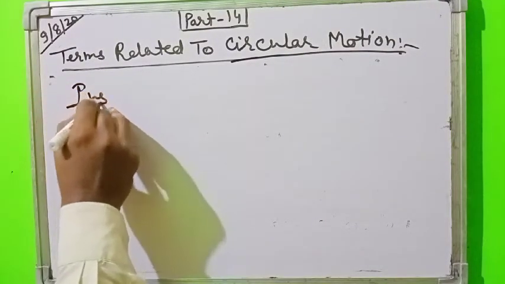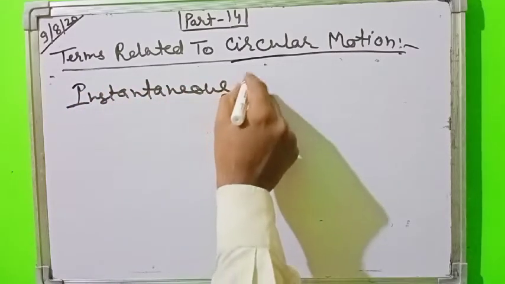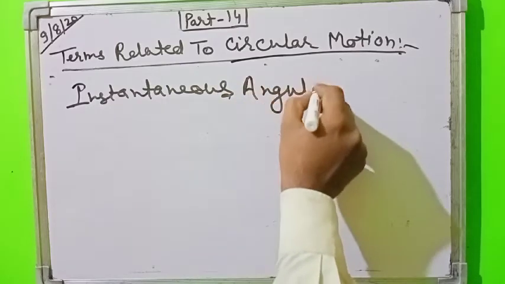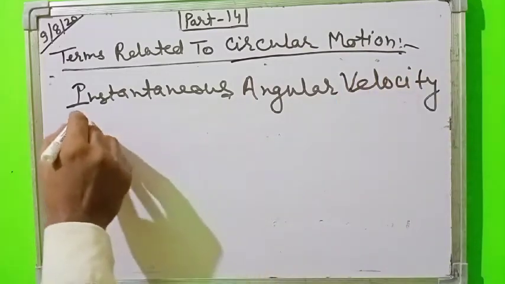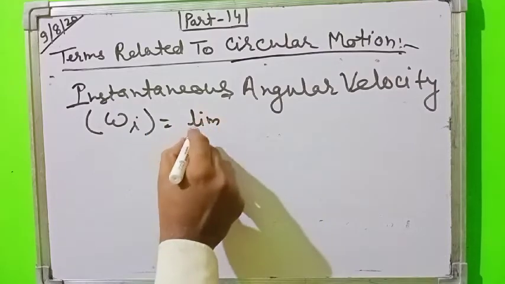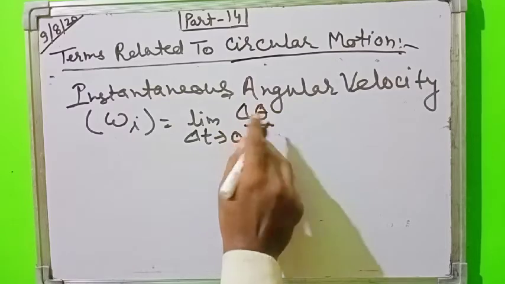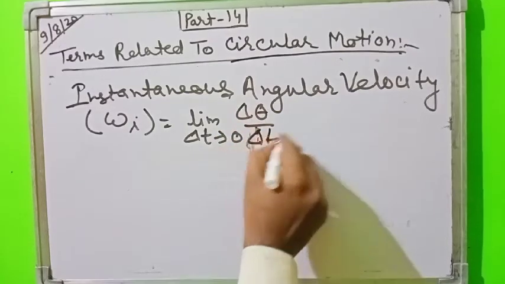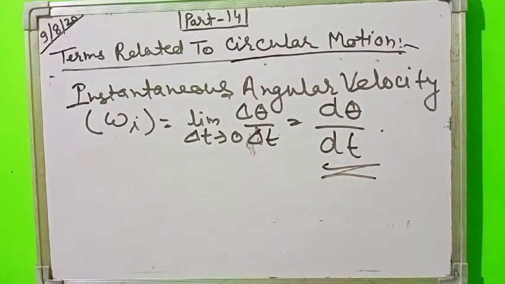Omega instantaneous is equal to the limit delta t tends to 0 of delta theta upon delta t, and it is equal to d theta upon dt. This is the instantaneous angular velocity, angle traced upon time.